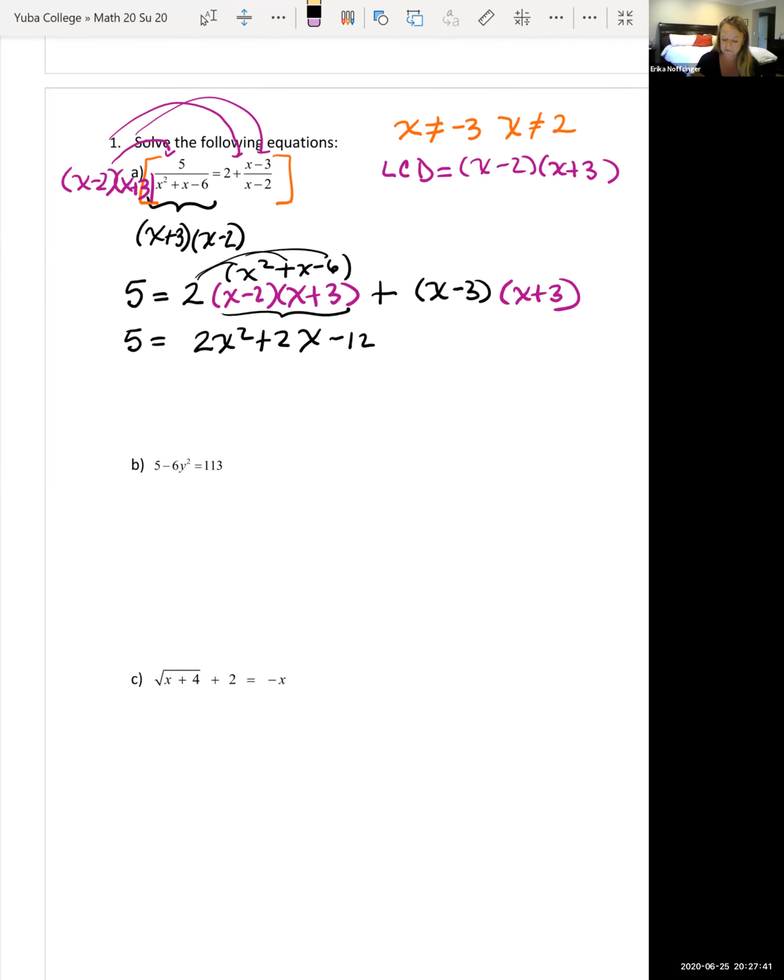So that's like the first term squared, so plus x squared, minus the last term squared, 9. So once you've distributed, let's simplify and combine like terms. So we have a 2x squared plus a 1x squared is a 3x squared.